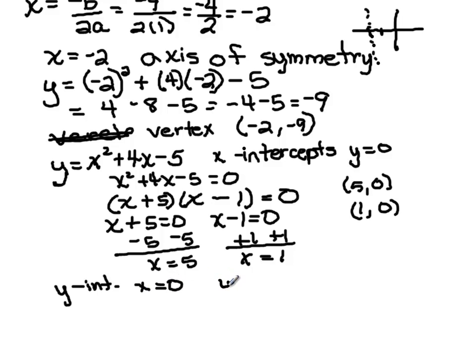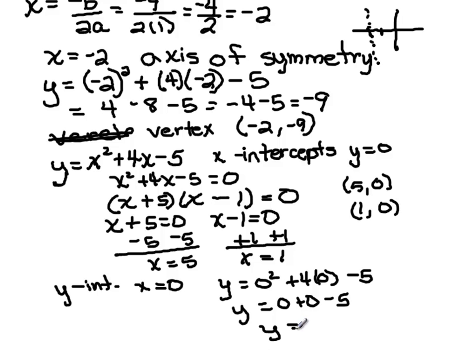And so we'll get y equals 0 squared plus 4 times 0 minus 5, which gives me y equals 0 plus 0 minus 5, which gives me y equals negative 5. And that gives me the point 0, negative 5.